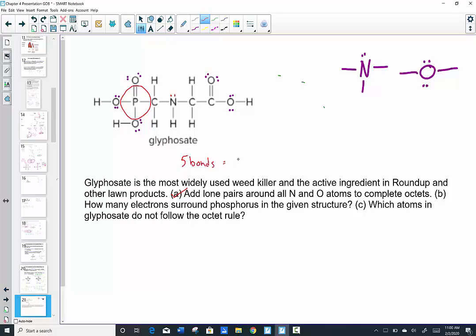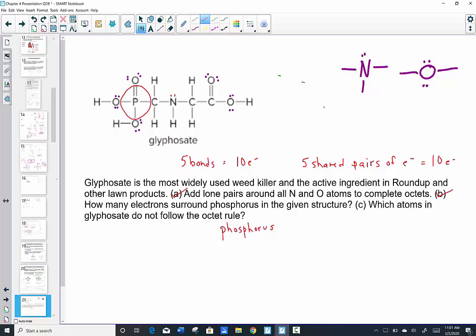Well, that's the same as saying 10 electrons. 5 bonds is 5 shared pairs, and that's a total of 10 electrons. There's 10. That's a rule breaker, isn't it? Which atoms in this compound do not follow the octet rule? Well, clearly that's the phosphorus.